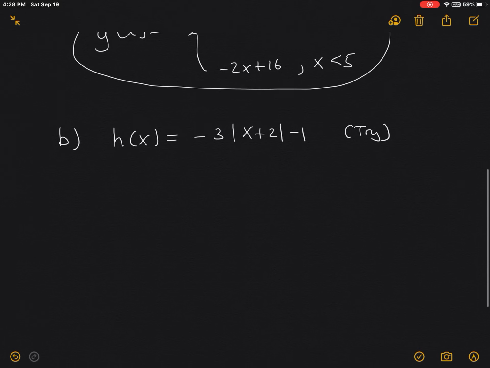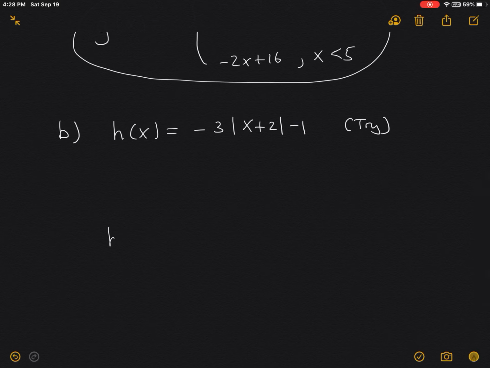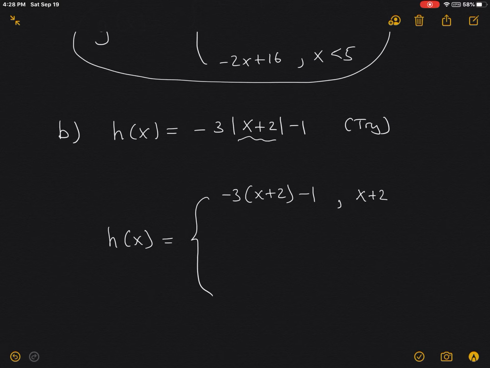All right, hopefully you got a chance to try this. I'm going to call it h of x is equal to this little squiggly line. Drop the absolute value symbol, call it parentheses instead of absolute value. Set the argument greater than or equal to 0. Drop the parentheses, drop the absolute value again.